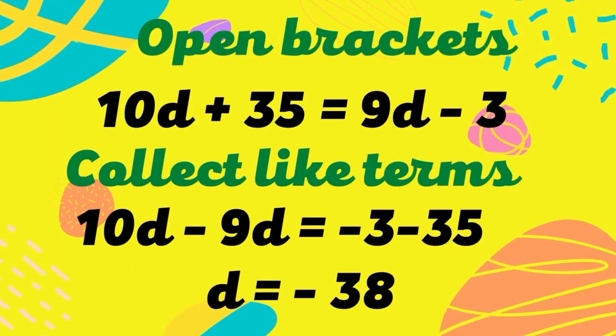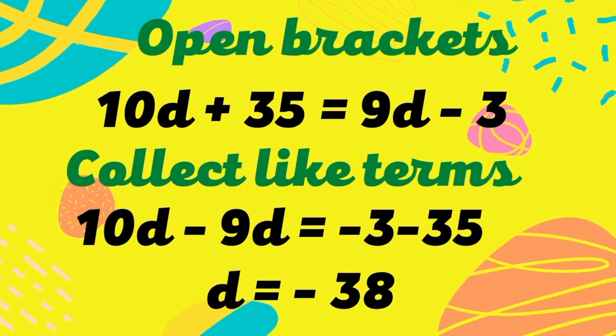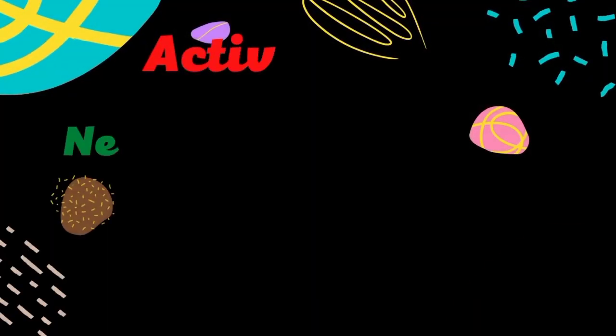So when we open our brackets, we have 5 times 2d, we have 10d plus 35 is equal to 9d minus 3. Now we collect like terms. That gives us 10d minus 9d is equal to minus 3 minus 35, which will give us d is equal to minus 38.